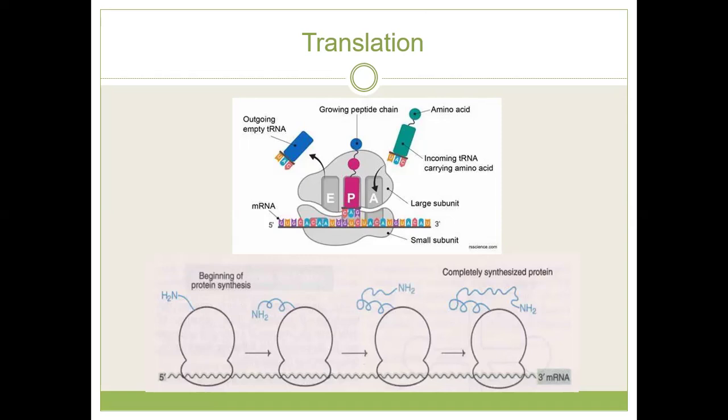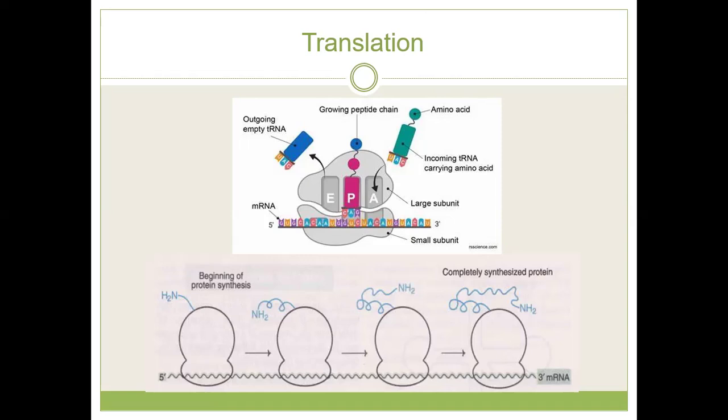For example, we know that messenger RNA has a nucleotide sequence. Based on what we call amino acid codons, this is something you need to know, each 3 nucleotides code for 1 amino acid. Each 3 nucleotides code for 1 amino acid.